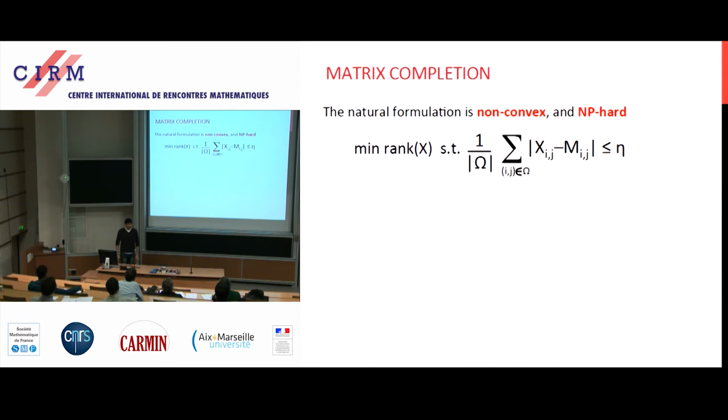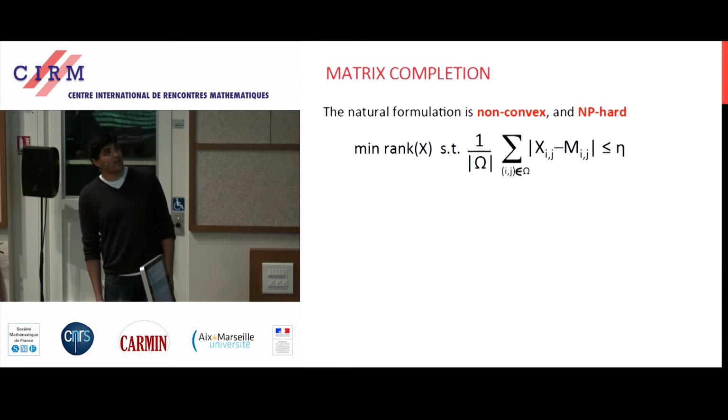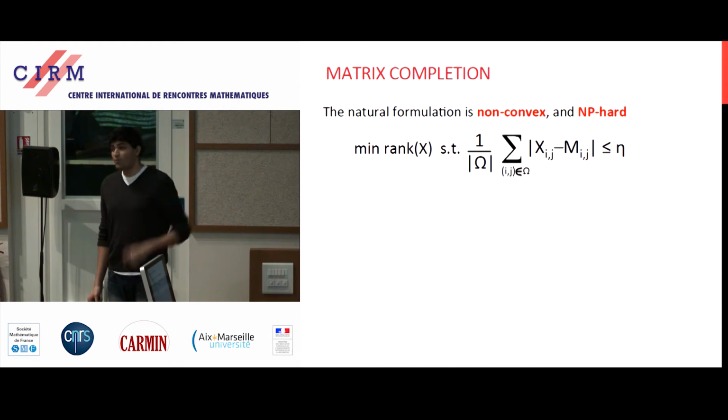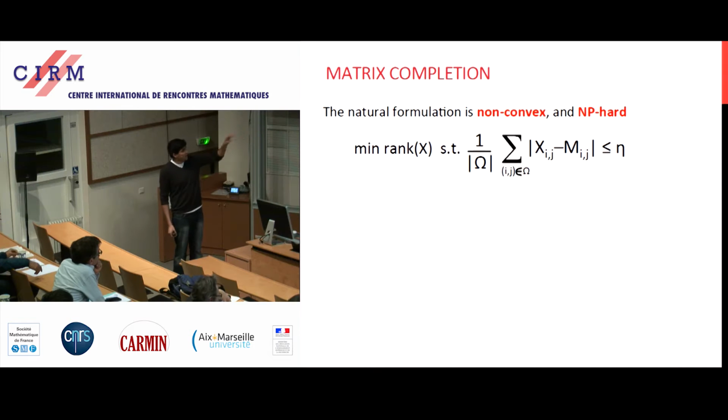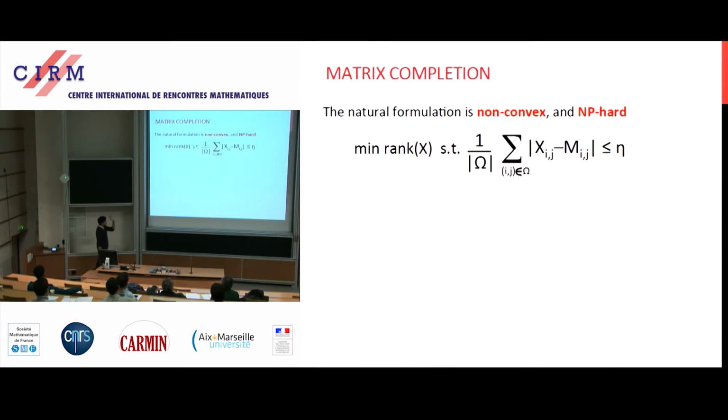So if I were given random observations from this, let's say even low rank matrix to keep things simple, one natural thing I could try is I could look for some way to fill it in. So my observations are the set omega, and I observe Mij at the pairs in omega. And I could look for an x that agrees with my observations so far.